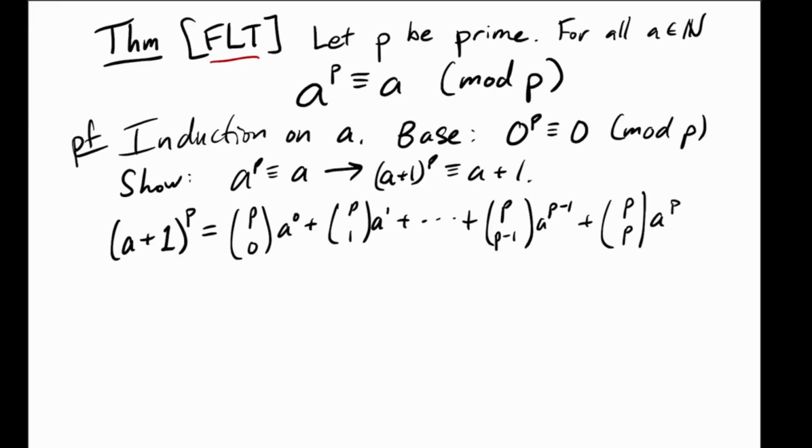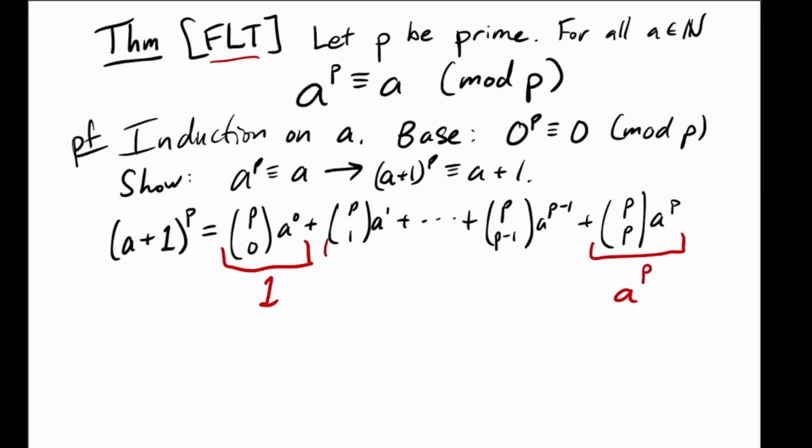Okay, so this is the expansion. At first it doesn't look too helpful, but a couple things will jump out at us. P choose 0 is 1, and a to the 0 is also 1. So this is all 1. And at the end here, p choose p is also 1. So this is just a to the p.